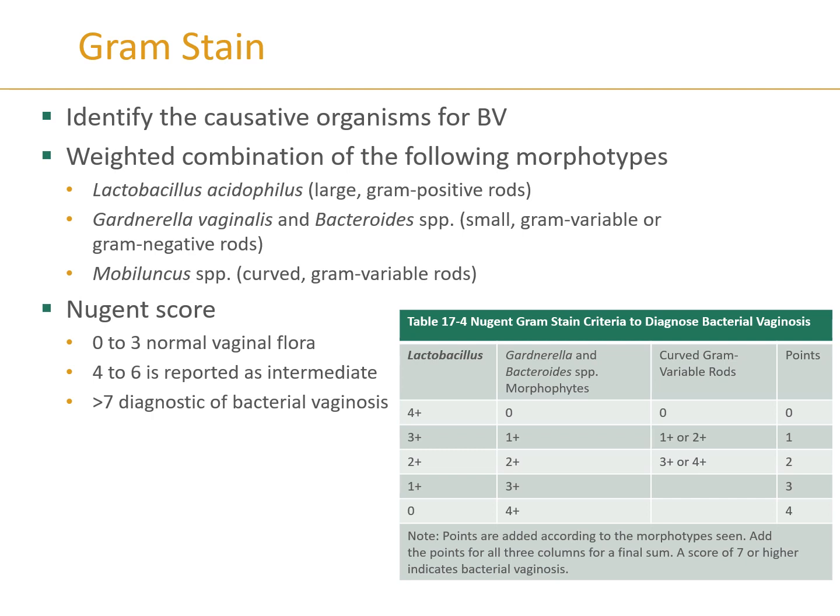But they could potentially order a gram stain if the patient is not responding to therapy. One of the other things that is used to diagnose bacterial vaginosis would be a Nugent score.